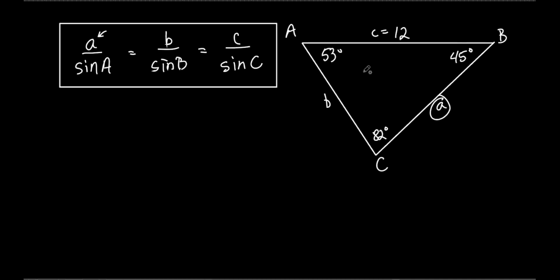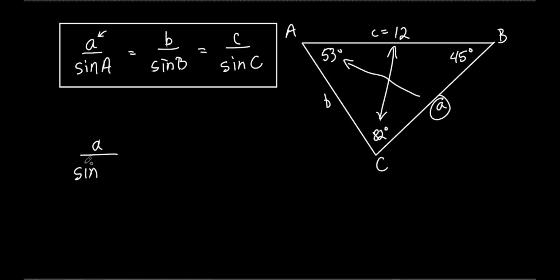If I'm trying to find A, there are 4 parts to it. I have to know 3 of them if I want to find the 4th one. So I'm going to use that, and I'm going to use this. Does that make sense on which one we use? So I'm going to use the A and the C. How am I going to write this? A over what?